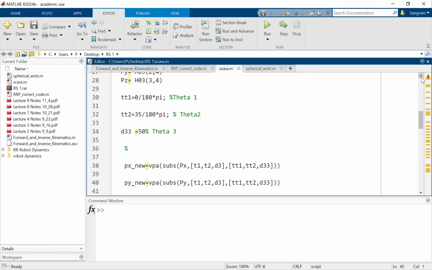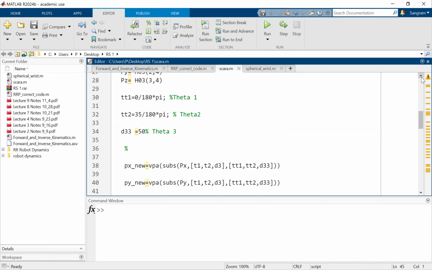Why is that? Because my forward kinematics equation will be in terms of T1, T2, and D3. It's a symbolic expression. I want to replace those symbols by numbers. And those numbers are 0, 35, and 50. That's why subs is used.